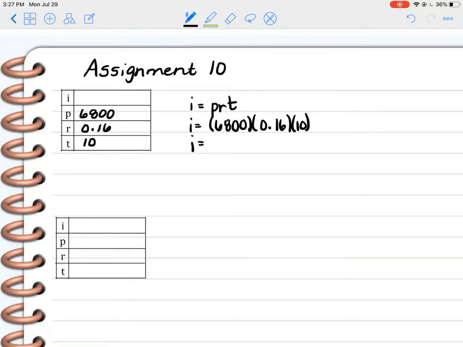This will help you really nail it down and know how to do it if you see it on a test somewhere. So 6,800 times 0.16 times 10. That's a very large amount. So $10,880 is the interest.